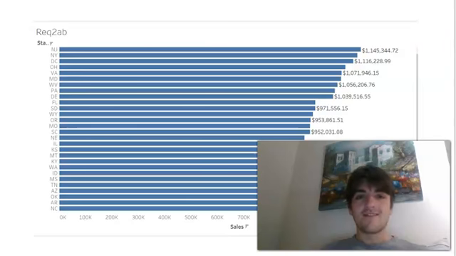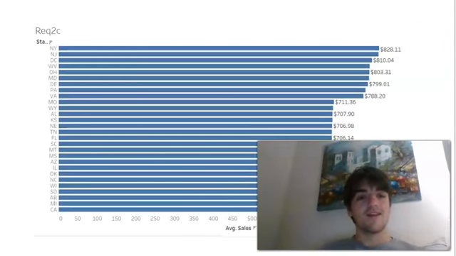The first graph we have here is the sum of each state's total revenue that they sold in the product. I just want you to take note of who is at the top of the most sales. So we have New Jersey, New York, DC, and Ohio. And with those top four in mind, we're now looking at the graph for the average amount per sale.